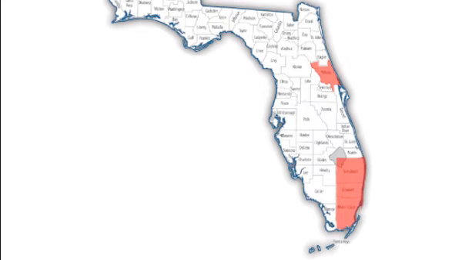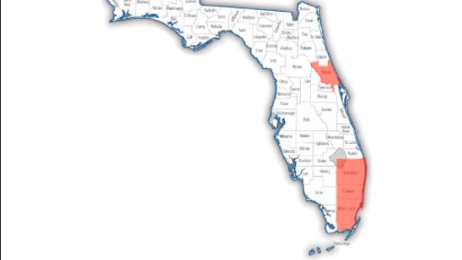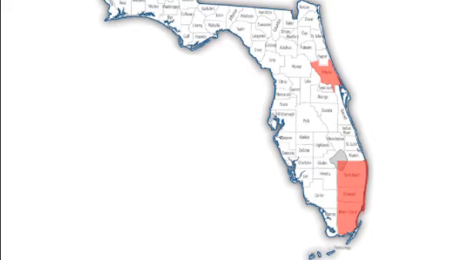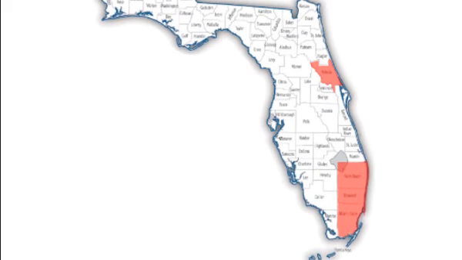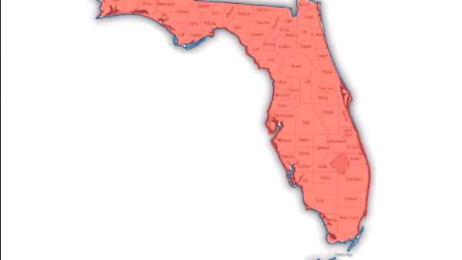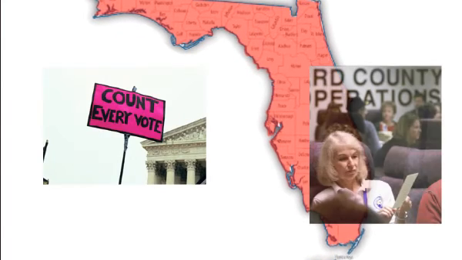Gore challenged the outcome, asking for manual recounts in 4 heavily Democratic counties. The Florida Supreme Court, arguing that the need for accuracy must be weighed against the need for finality, ordered a statewide manual recount.